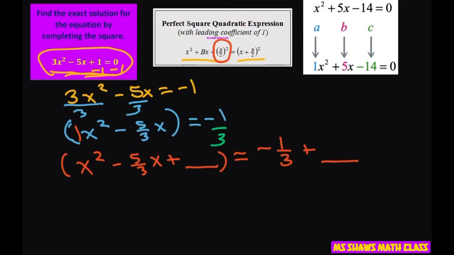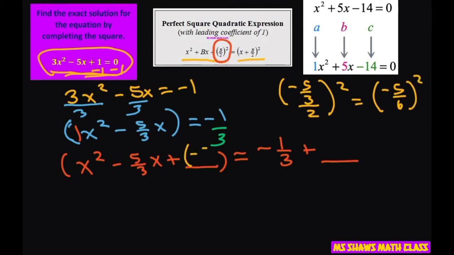So my b in this case is negative 5/3. Let's write this, negative 5/3 divided by 2 squared. So that's really negative 5/6 squared. Remember, dividing by 2 is the same as multiplying by 1/2, so you're just multiplying these two.